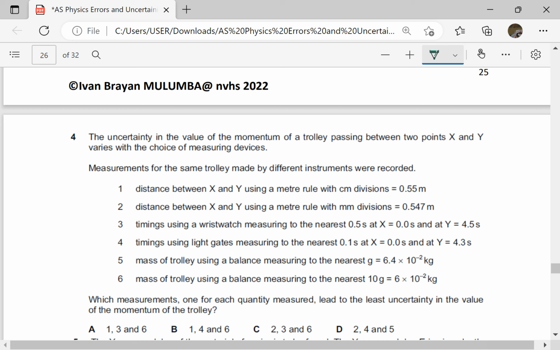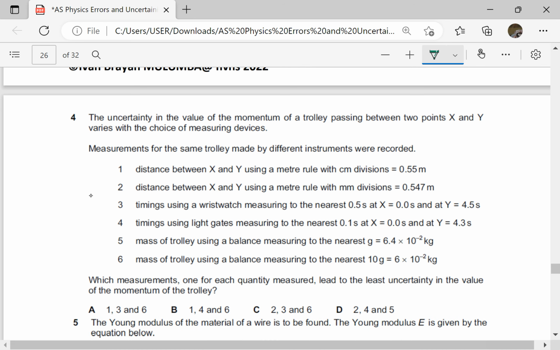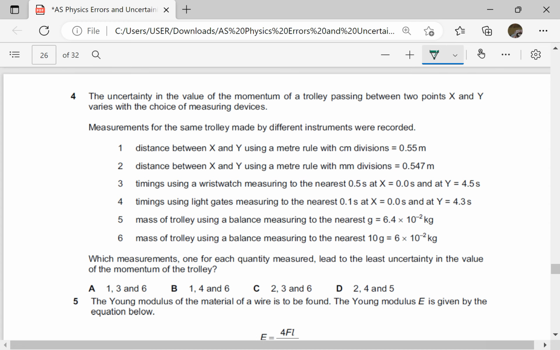The uncertainty in the value of momentum of a trolley passing between 2 points X and Y varies with the choice of measuring devices. Measurements for the same trolley made by different instruments were recorded. Distance between X and Y using a meter rule. Distance between X and Y using a meter rule with millimeter divisions. Timings using a wristwatch to the nearest 0.5 seconds, at X equals 0.0 seconds and at Y equals 4.5.